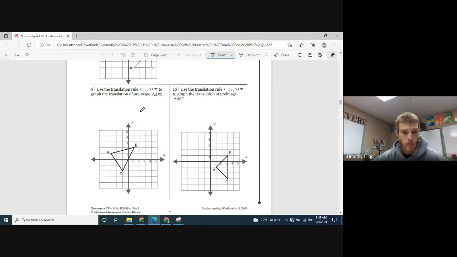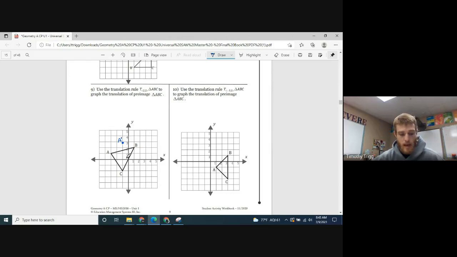So we're going to move 2 to the right and 2 up. So we're going to take each of the coordinate points from the original triangle and we're going to create the image. So from A, notice where A is, we're going to move 2 to the right and 2 up. So after moving 2 to the right and 2 up, A prime will be right here.